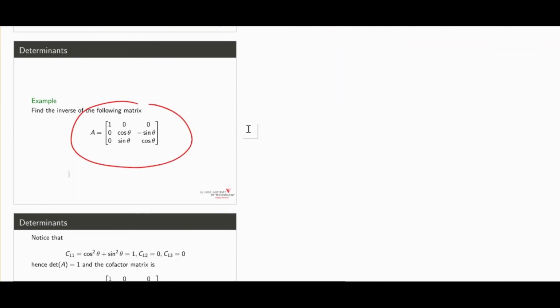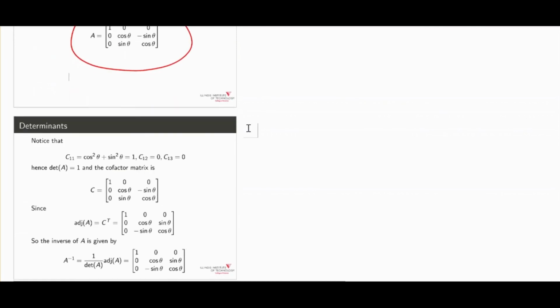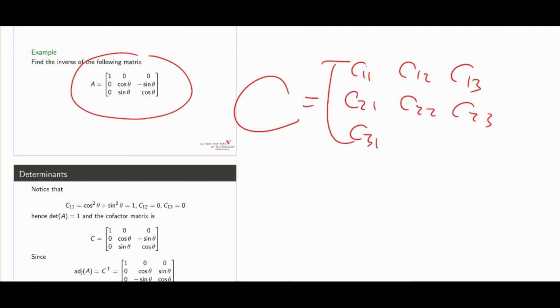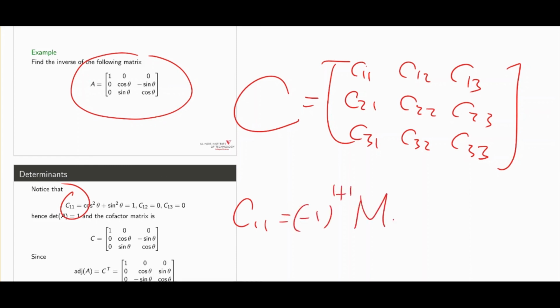What we need to do is find the cofactor matrix. The cofactor matrix here will be C11, C12, C13, C21, C22, C23, C31, C32, C33, and you will have to find all these 9 numbers. So C11 is negative 1 to the power of 1 plus 1 times the minor M11.